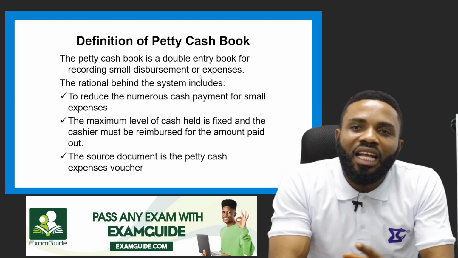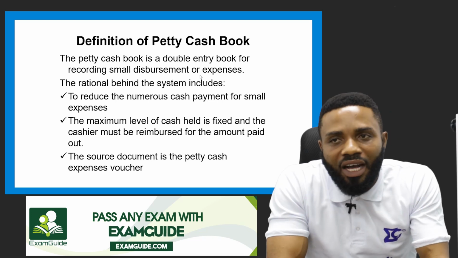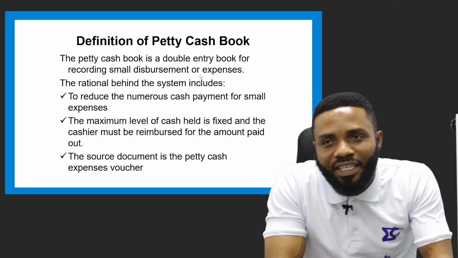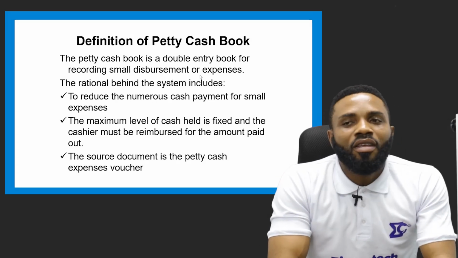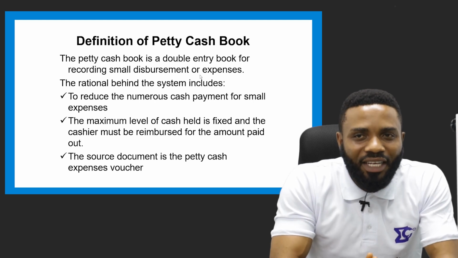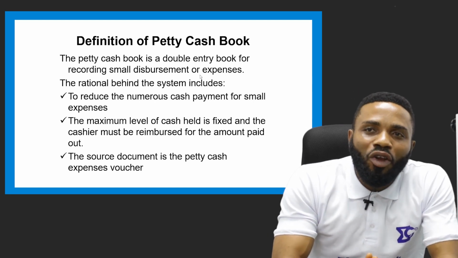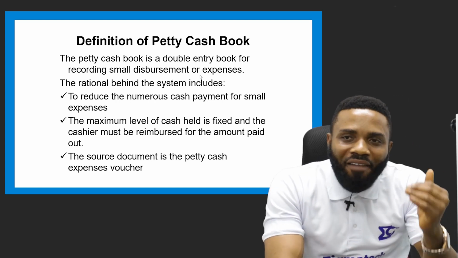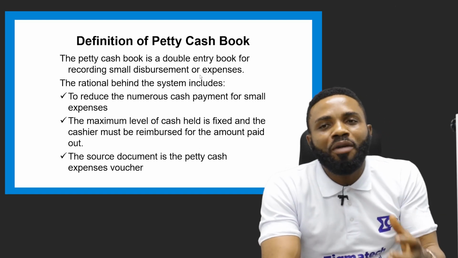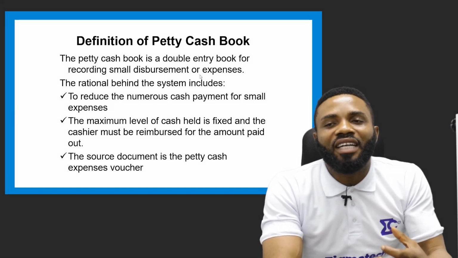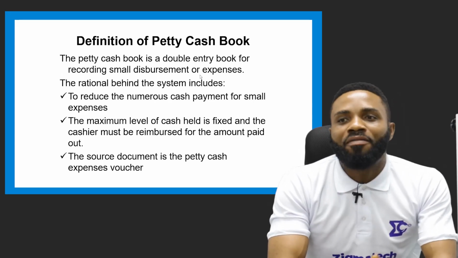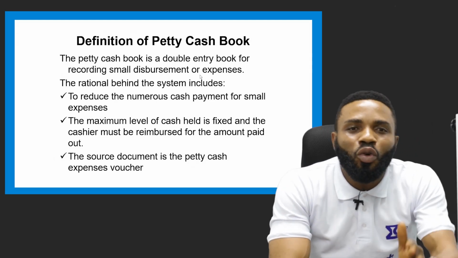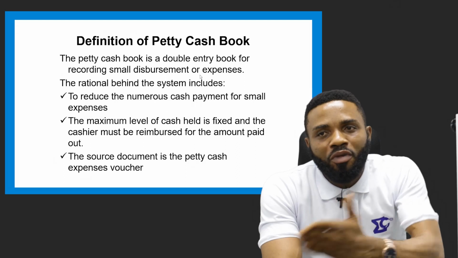And then the second thing is that the maximum level of cash held is fixed, and the cashier must be reimbursed for the amount paid out. What do I mean by this? There is an amount of money that is expected to be reserved for minor expenses. The officer in charge of the office should have an idea of how much will be able to foot the expenses that are expected of an office. As an officer, I should be able to know how much I need to take care of the office procedures, assuming for a month.